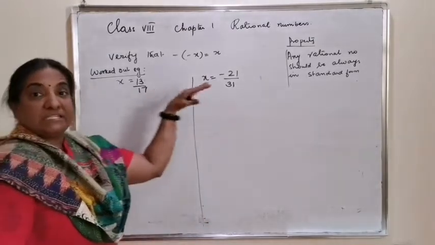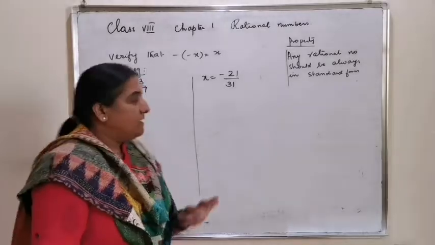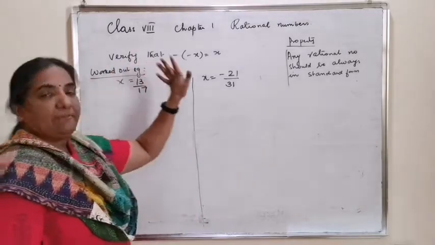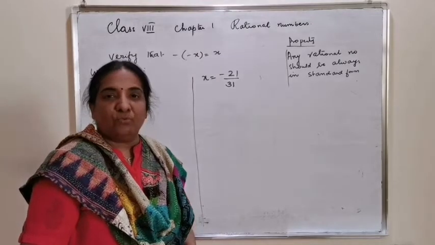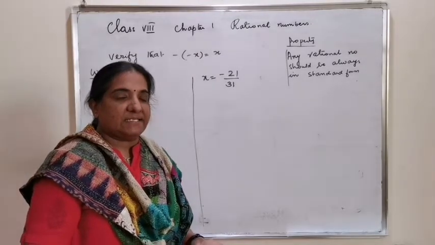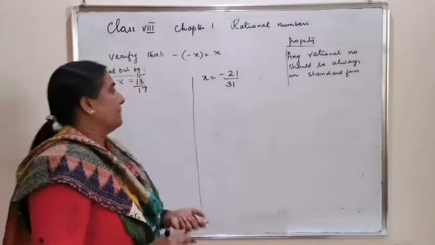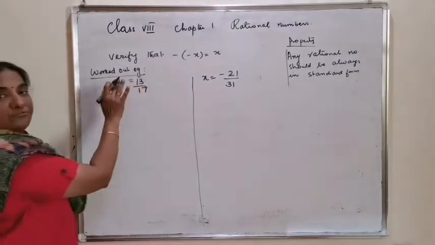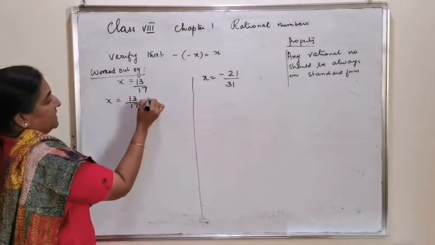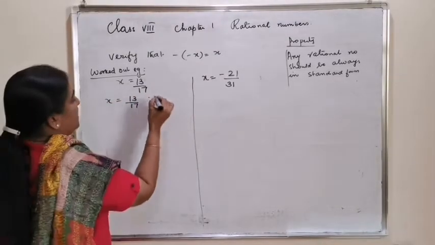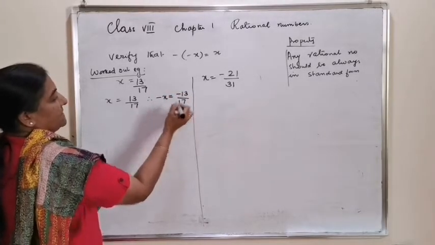I will show a general method of proceeding with such questions, because verify clearly means that the result is true. You have to present the answer in such a way that it is shown to be true. For x is equal to 13 by 17, you immediately write minus x as minus 13 by 17.